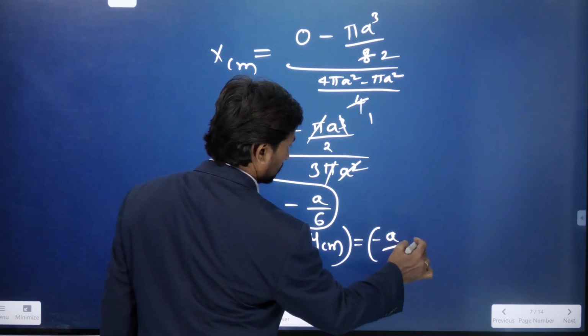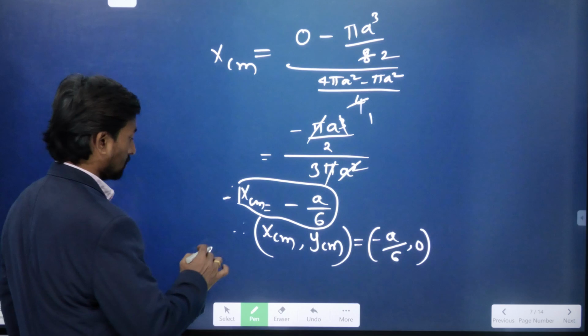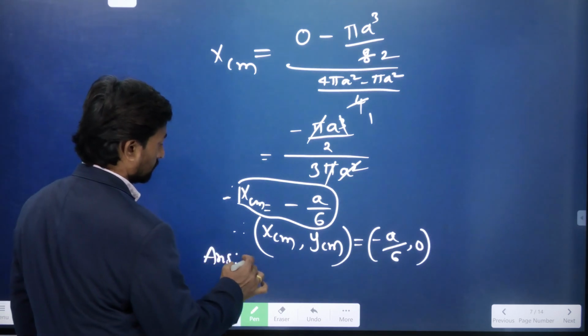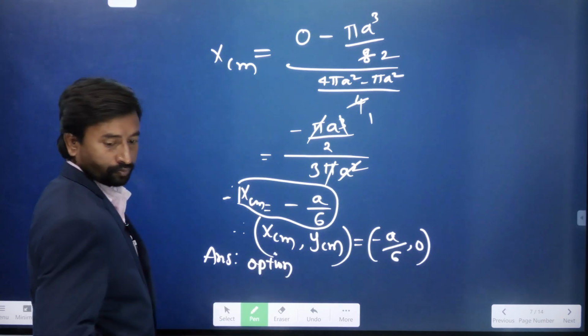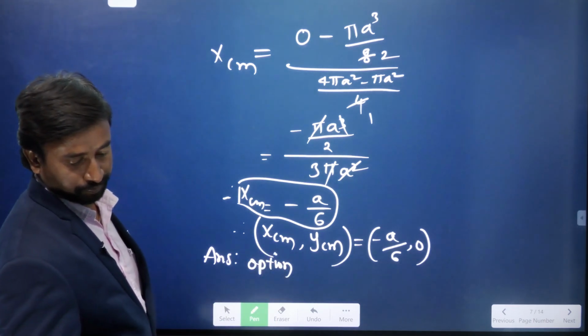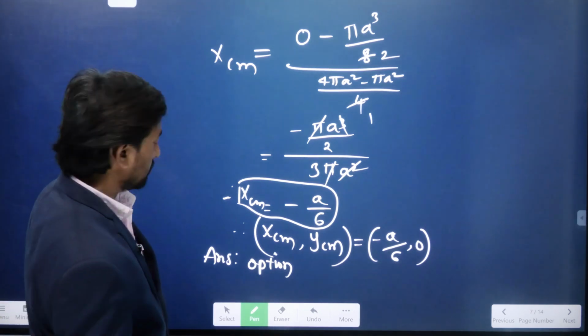This is 6, that is the answer. So the correct answer is option 2.